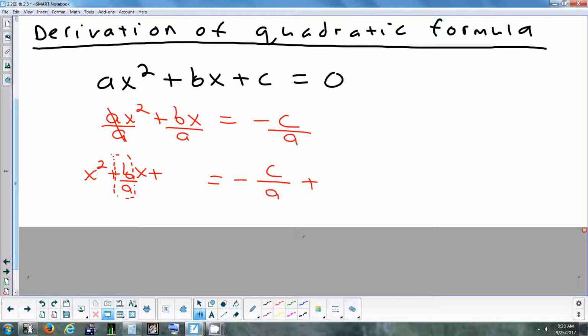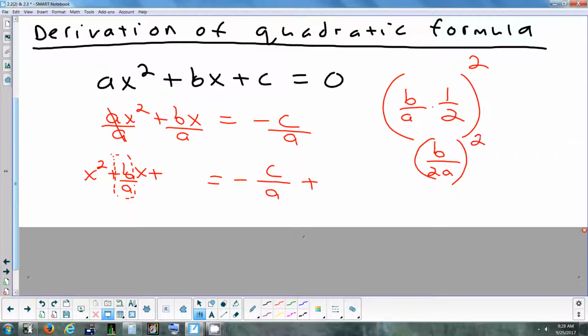Don't you take half and square it? Take half and square it. So I'm going to take half and square it. So basically that means I'm going to have b over 2a, that's half, and then square it. So b squared over 4a squared. All right, so I get b squared over 4a squared. And what do I have to add on the right?